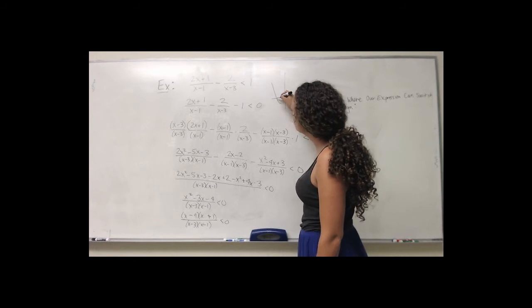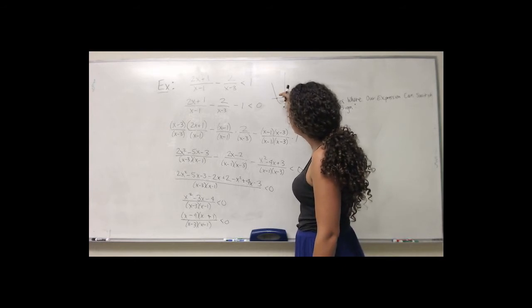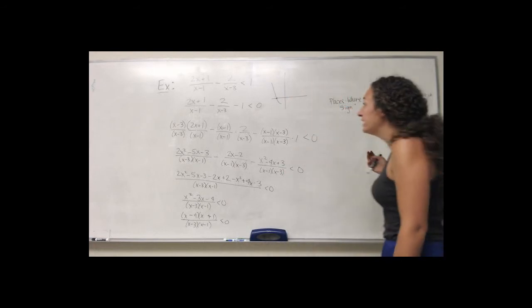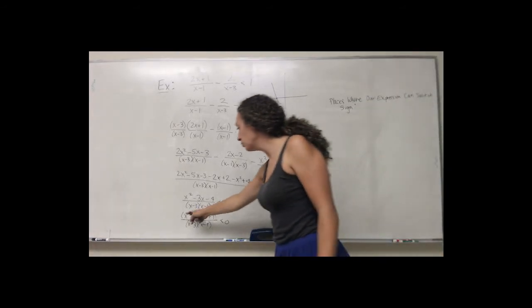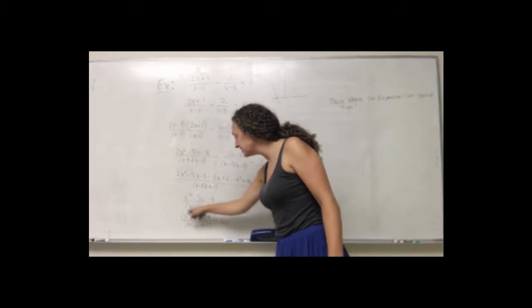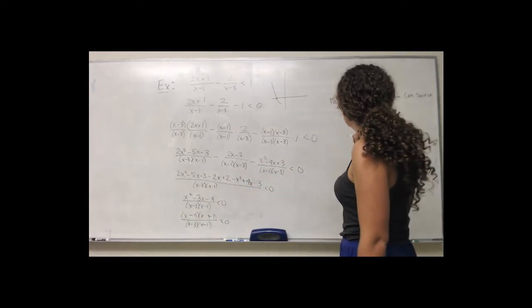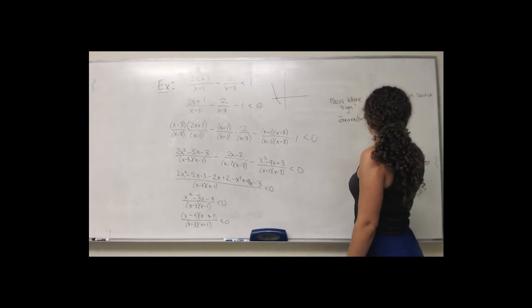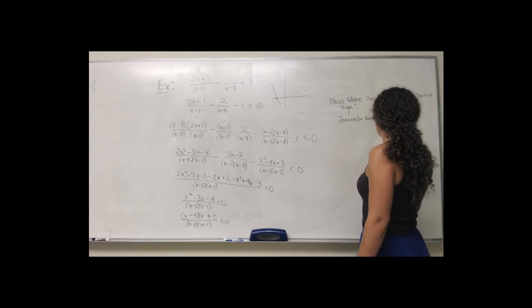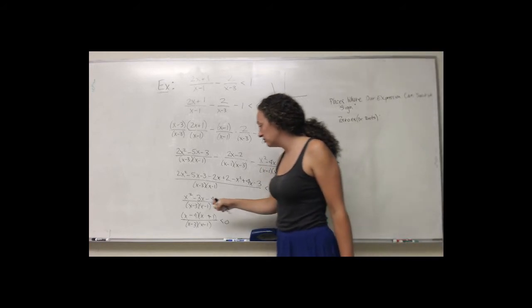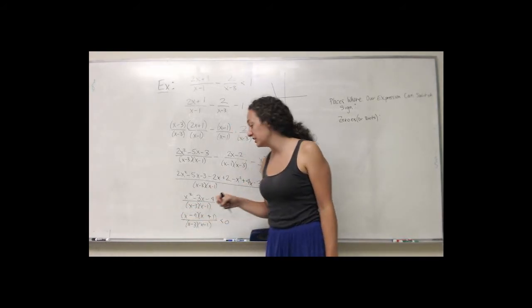The places where it switches sign will occasionally pass through y equals 0, or this value will be 0. So we want to look at places where this is equal to 0. I'm going to call those zeros or roots, places where this whole thing is equal to 0.